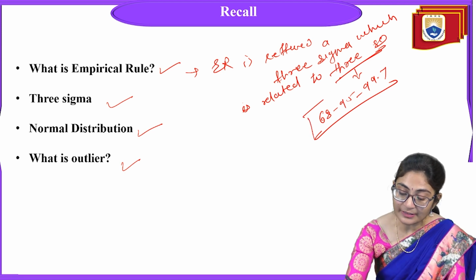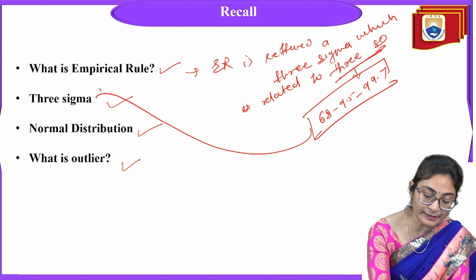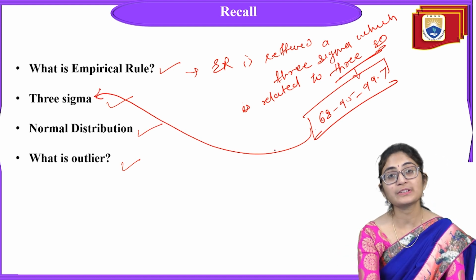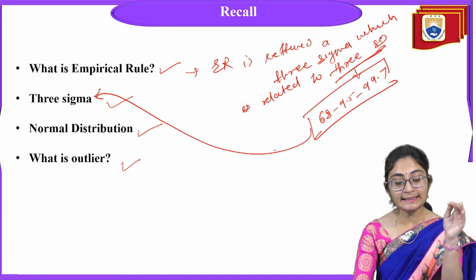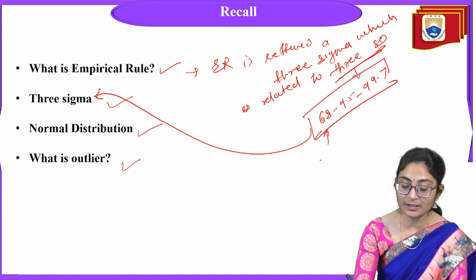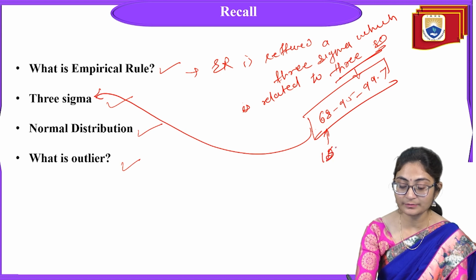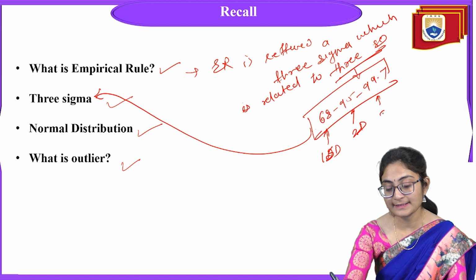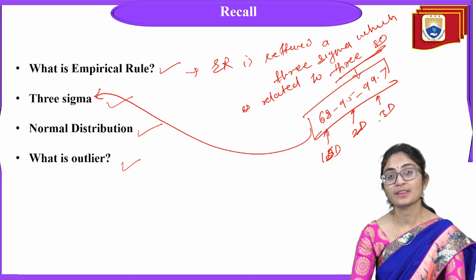These are included in the 3 sigma. Actually, these are your 3 sigma: 1 standard deviation, 2 standard deviations, and 3 standard deviations.